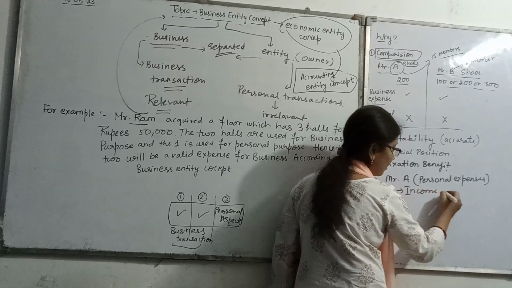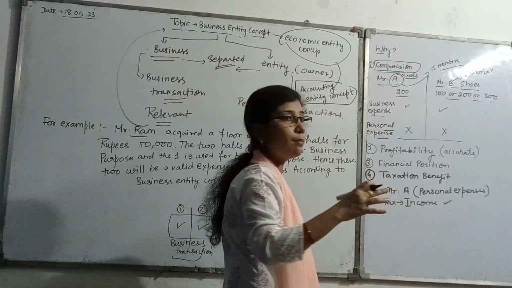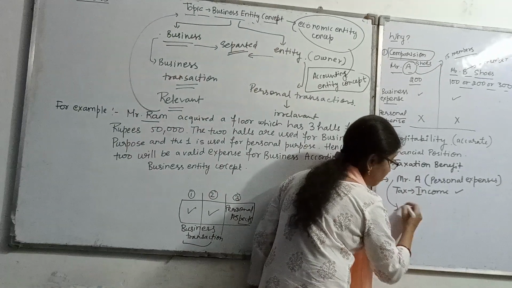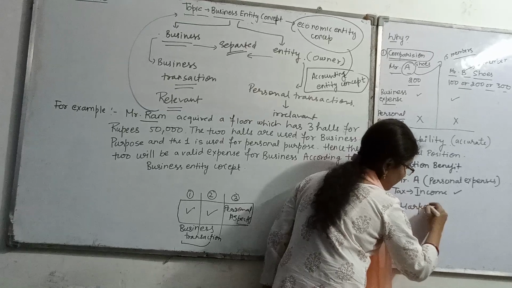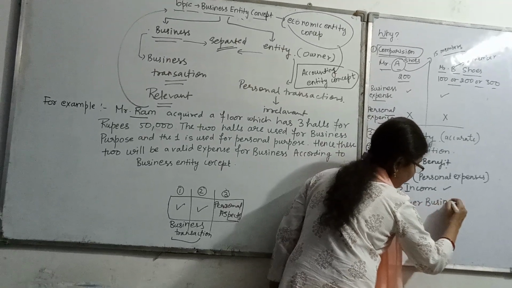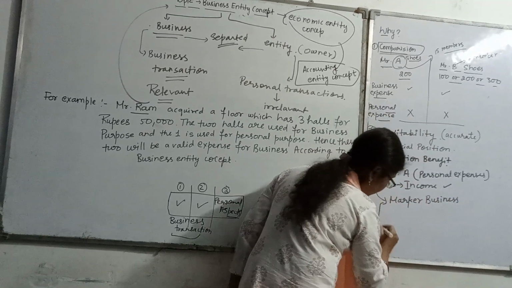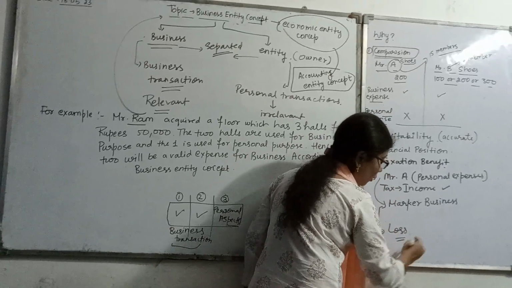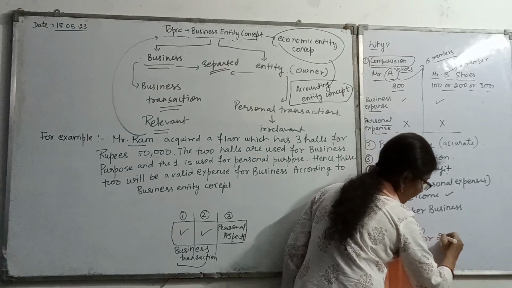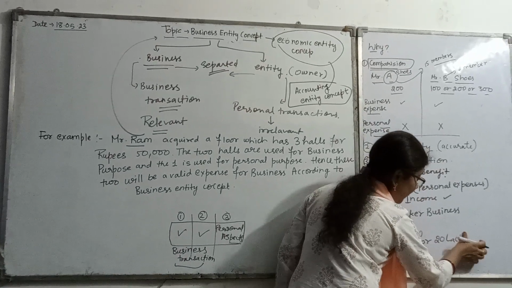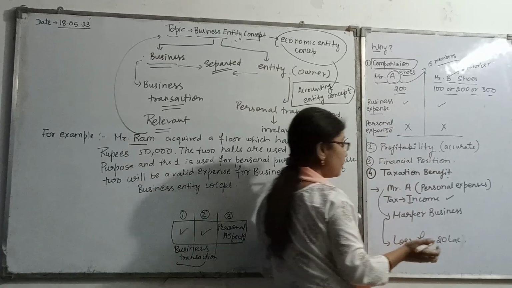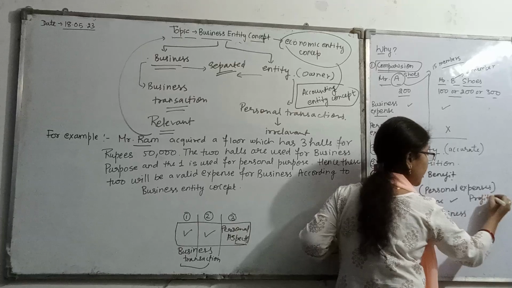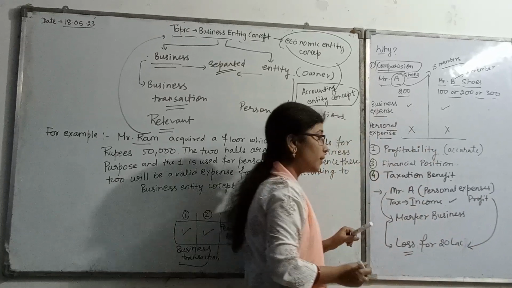He has to file income tax per year. And Mr. A has a business, for example a marker business, and in this business a loss of 20 lakh occurred. Can the profit of one be offset with the loss of the other?